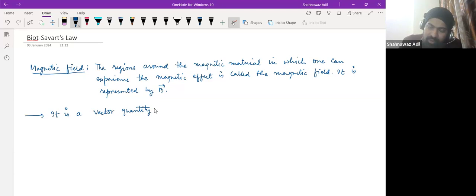so we have to be very careful with the addition and subtraction of these magnetic fields. It is a vector quantity.